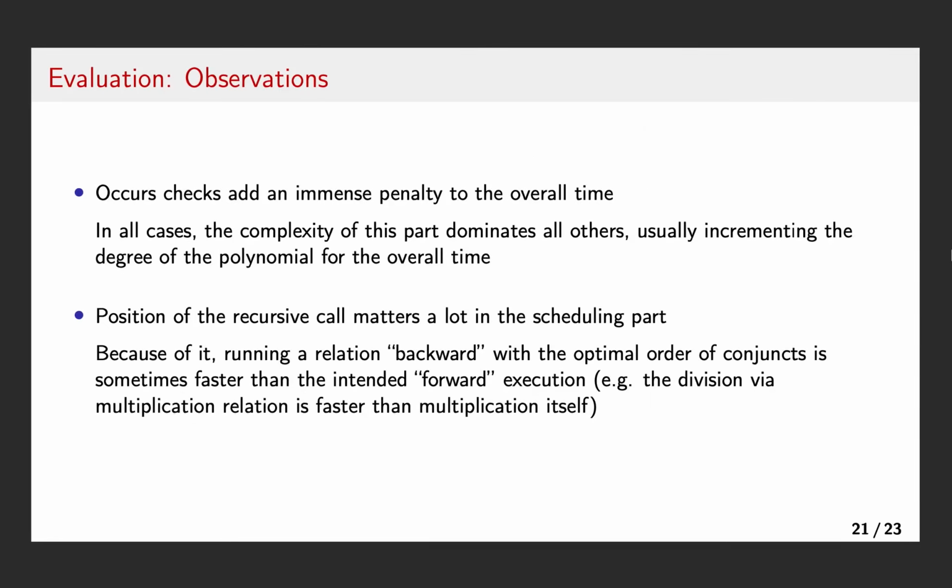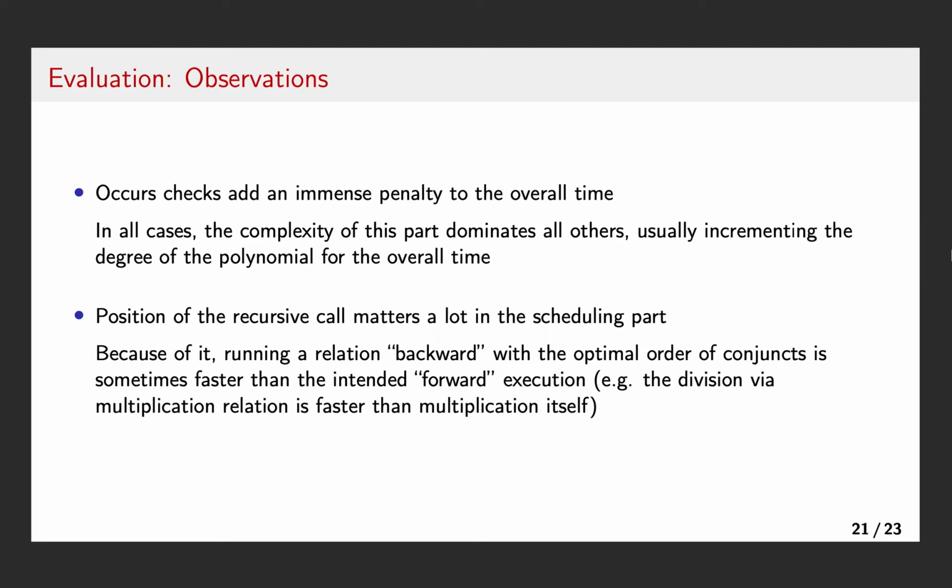From looking at these results, we take these two observations. First, occurs checks really take a huge role in the overall time. In all cases, the complexity of this component dominated all others, and in most cases, the presence of occurs checks increments the degree of the polynomial for the overall time.